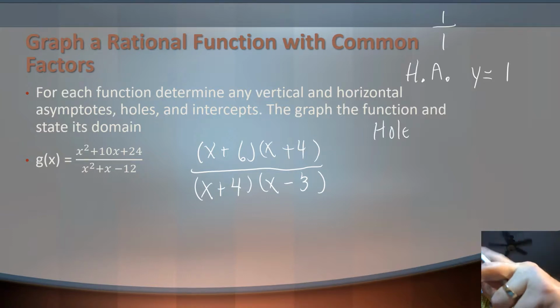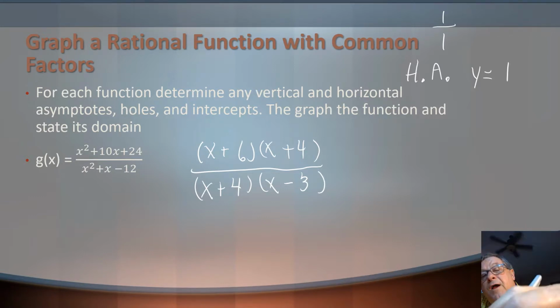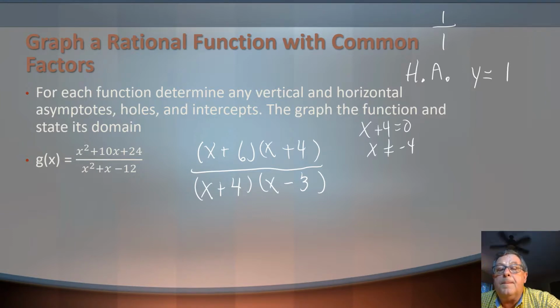Well, let's just see this. If I set each factor equal to 0, let's do it this way, I can say that x cannot equal negative 4. And set the second factor, x minus 3, not equal to 0.